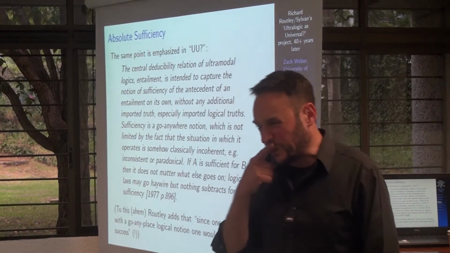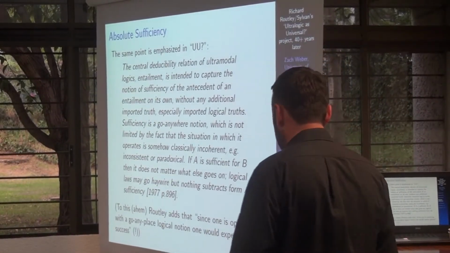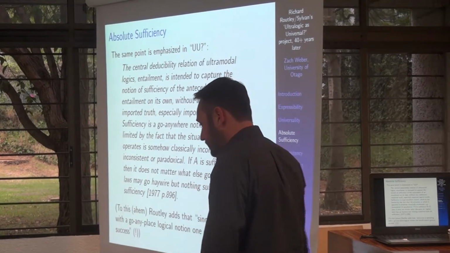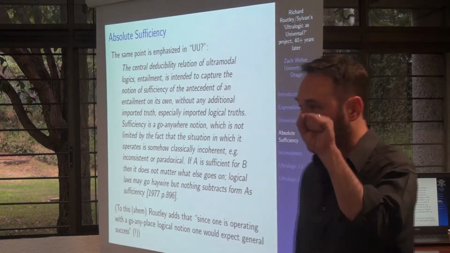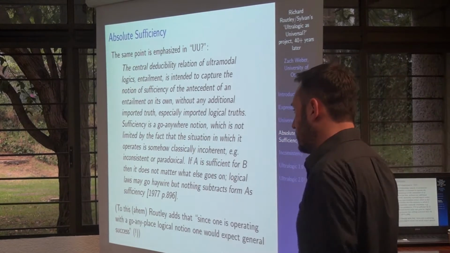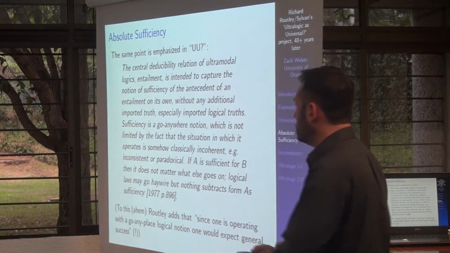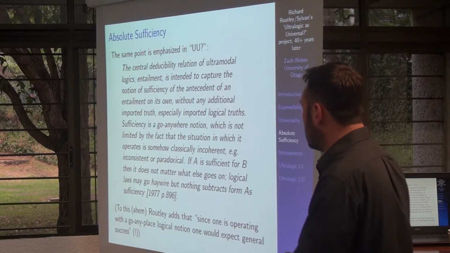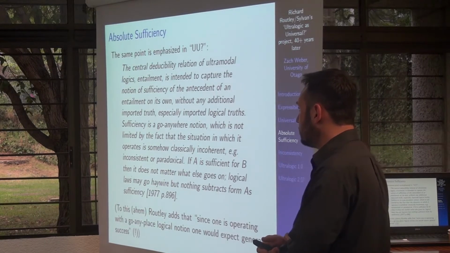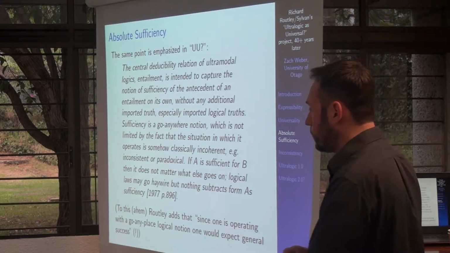Thanks. That helps. Well, so what he's after, whether it be with one conditional or many, is a conditional that captures this notion of absolute sufficiency. So the relation of antecedent to consequent is that of absolute sufficiency. He says again, in Ultralogic, "The central deducibility relation of ultramodal logic, entailment, is intended to capture the notion of sufficiency of antecedent to entailment on its own, without any imported truth."